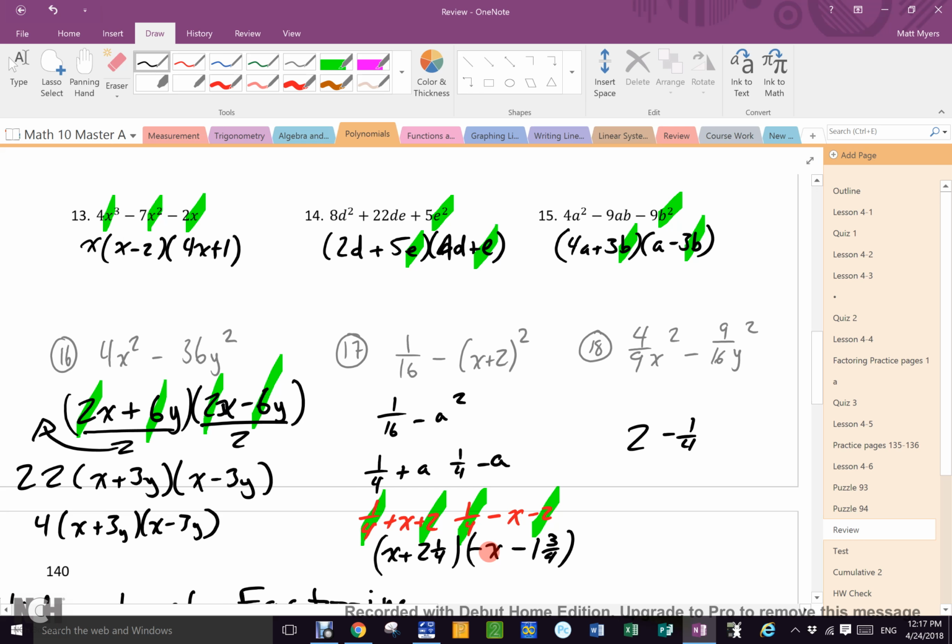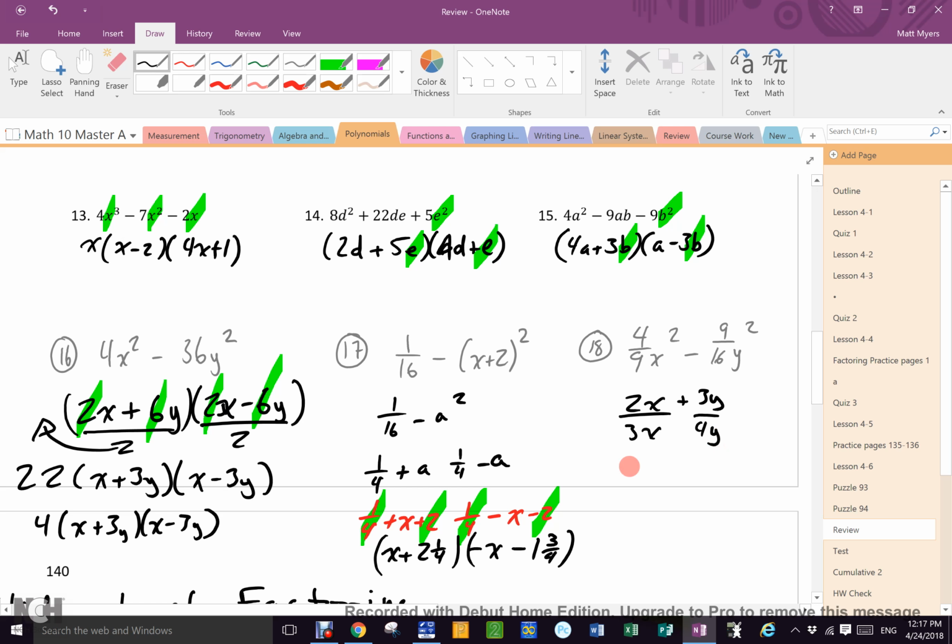Right? Everybody understand? Okay. And then this one, if it was 4x and 9y, it would be 2x plus 3y, wouldn't it? If it was 9x and 16y, it would be 3x and 4y, wouldn't it? Right?